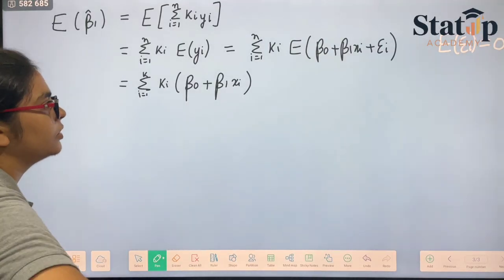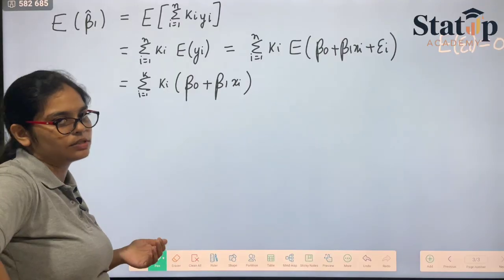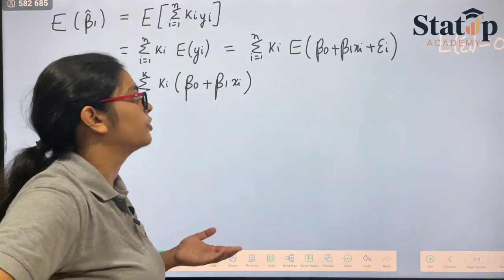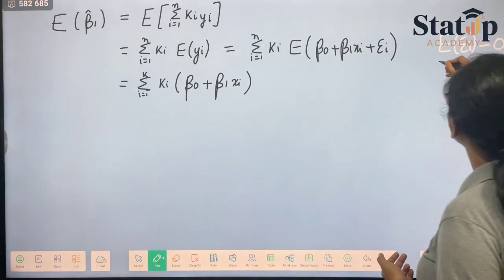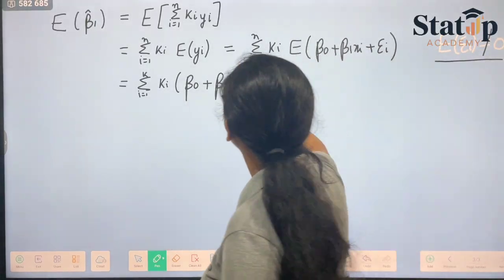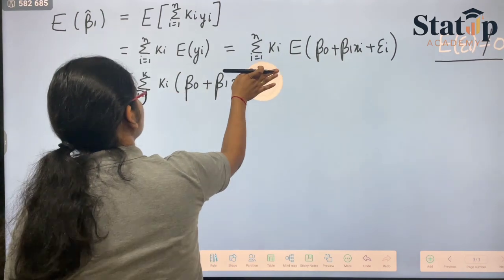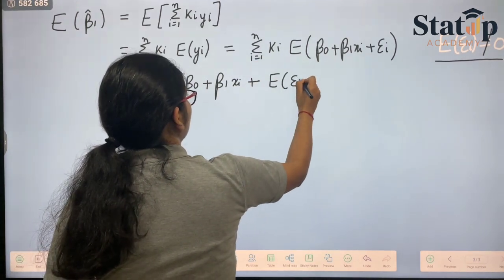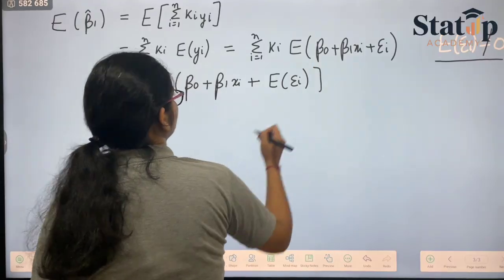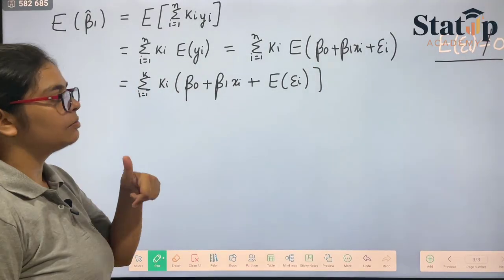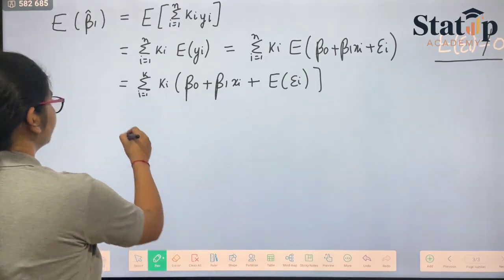In here, we will not consider the Gauss. Here is a violation of another Gauss-Markov theorem assumption, which is expectation of epsilon i is not equal to 0. So here we are left with plus expectation of epsilon i. Now we will multiply with this.